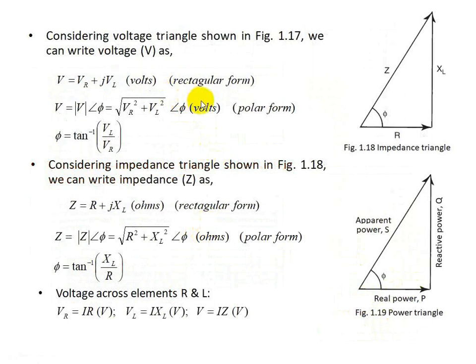So from the voltage triangle, we can write V as VR plus j VL. This is the horizontal component, this is the vertical component.